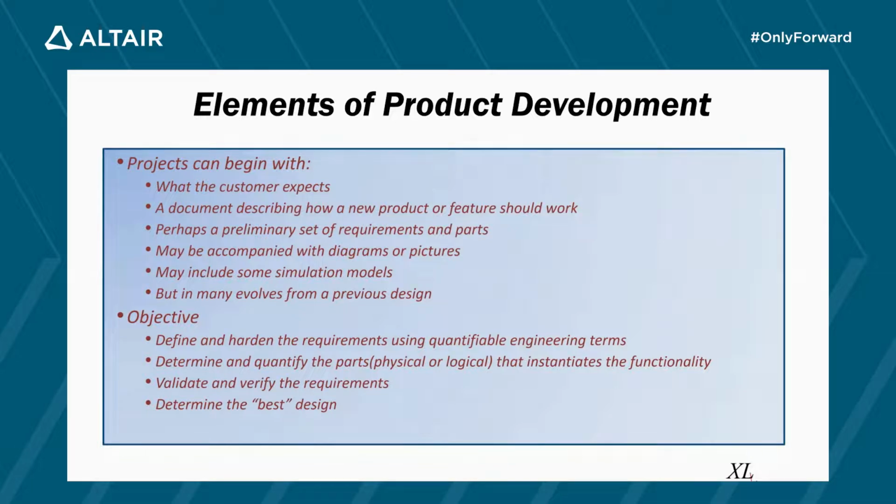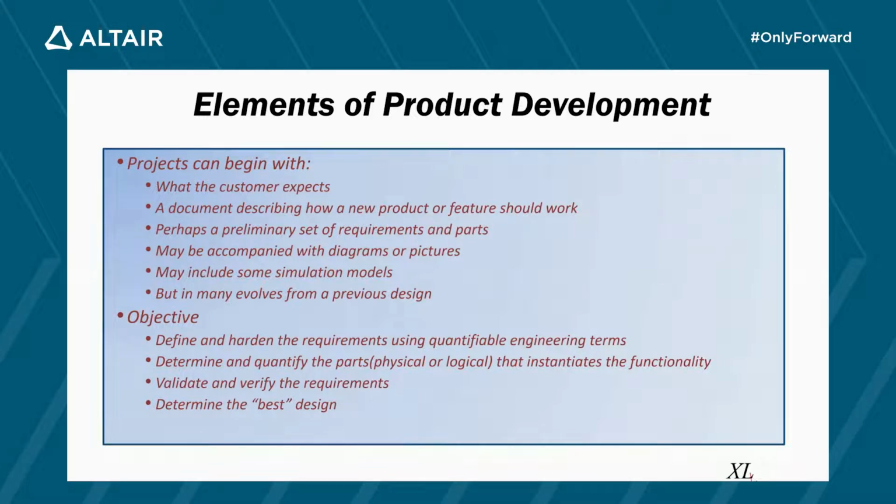But the objective then is to really come up with a quantifiable set of requirements that well-define what the functionality, capability of the product needs to be. You need to determine what parts, whether they be physical or logical, instantiates the design and provides the functionality.